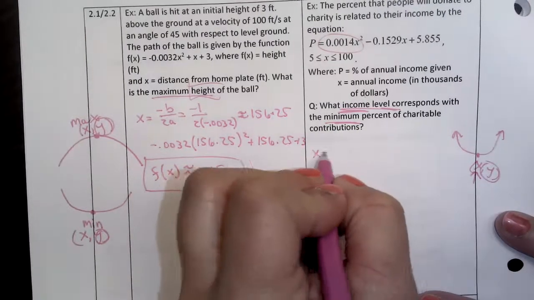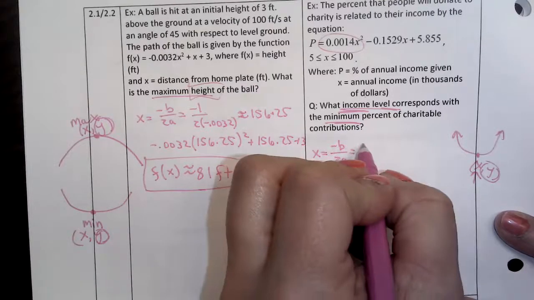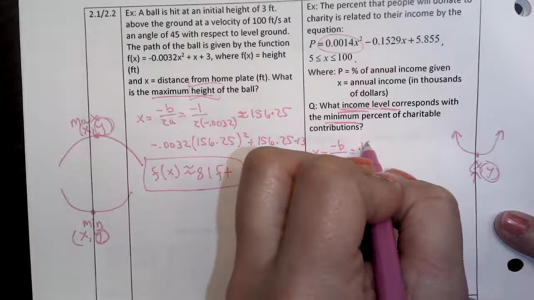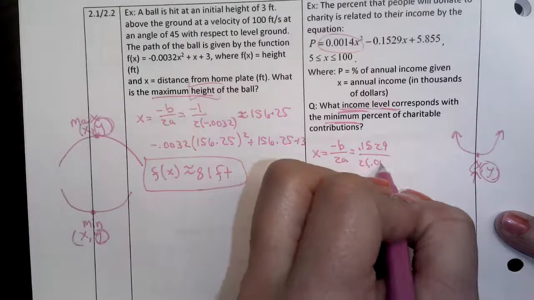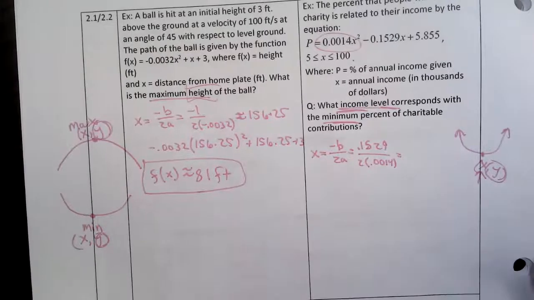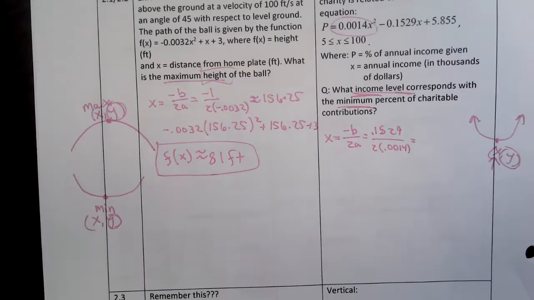So now we're going to say x equals negative b over 2a equals positive 0.1529 over 2 times 0.0014. 0.1529 divided by 2 times 0.0014.